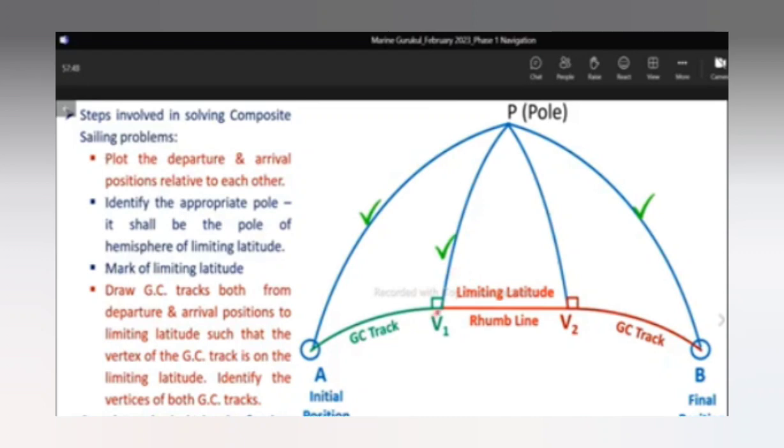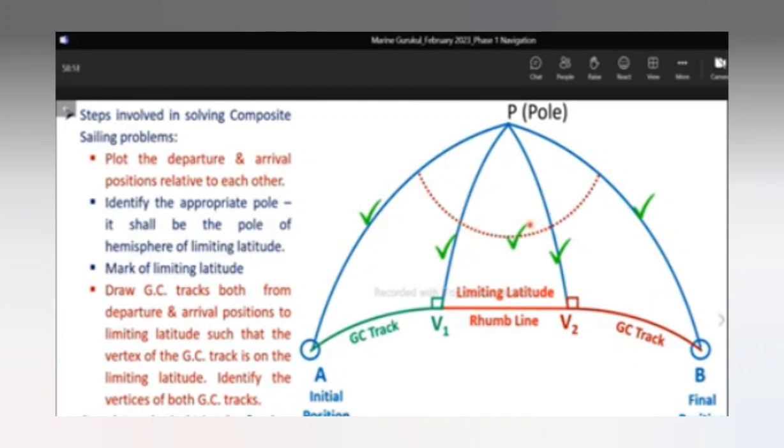Since V1 lies in the limiting latitude, you know the latitude of V1 and V2, and hence you can calculate PV1 and also PV2. The longitude of A and longitude of B shall give us this angle, which is the D long between A and B. So this angle is also obtainable.